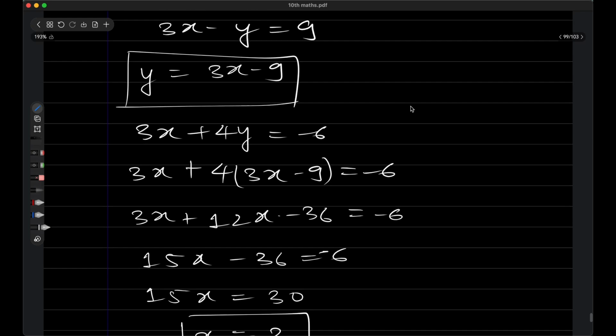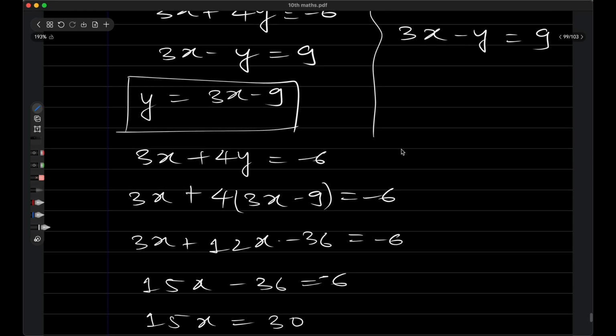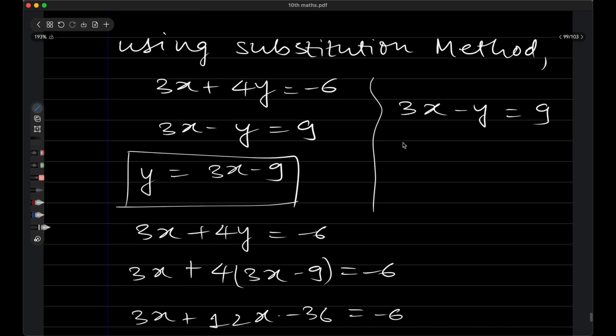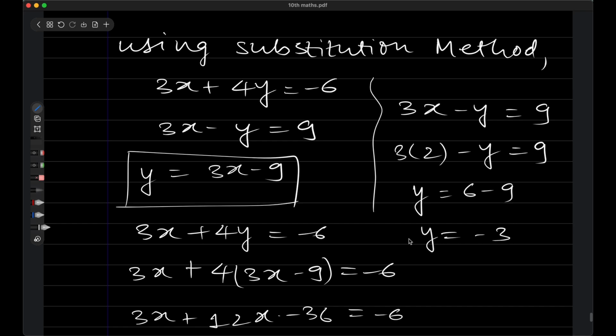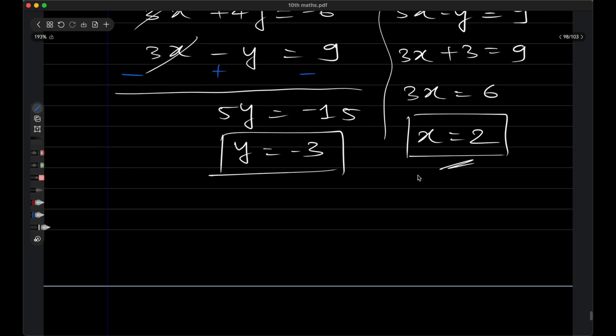Let us put the value of x in the other equation. We will get 3x minus y equals 9. X equals 2, so 3 into 2 minus y equals 9. We have y equals 6 minus 9, that is minus 3. We got the value of x and y, that is 2 and minus 3, which is the same in both the cases.